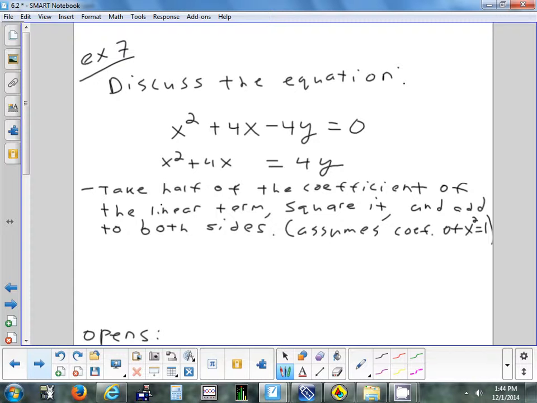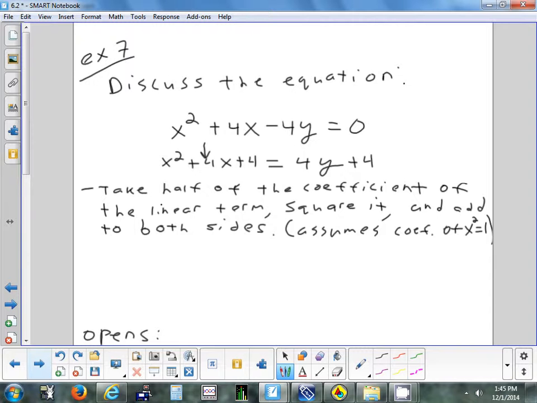If it's not, I'll show you in the next problem how that works. So let's do what it says. Take half of the coefficient of the linear term and then square it. So what's half of 4? 2. Now square it. 4, and add that to both sides. Whatever you do to the left, you have to do to the right. Plus 4, plus 4.